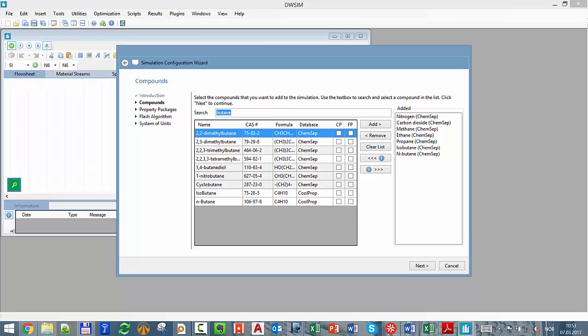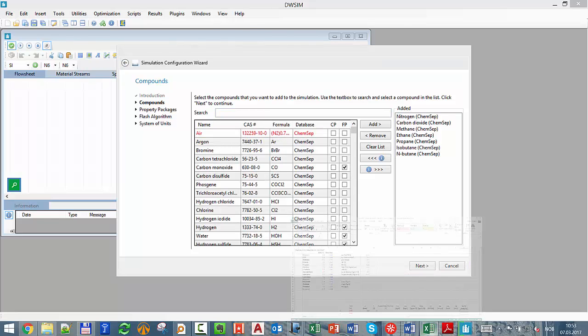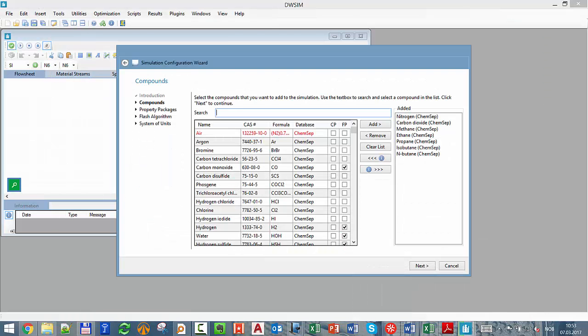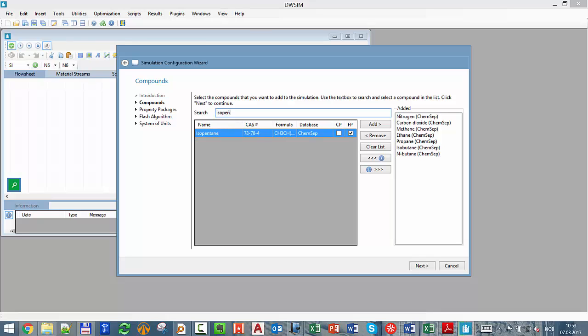The next one is, yeah, that's 0 anyhow, so we are going to neglect that. Isopentane and pentane, normal pentane.